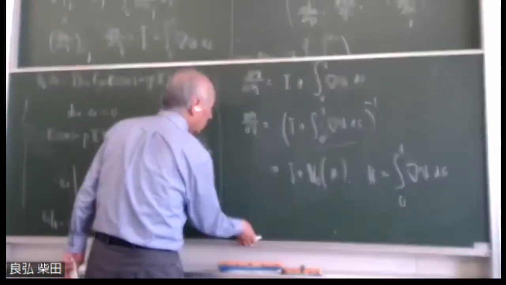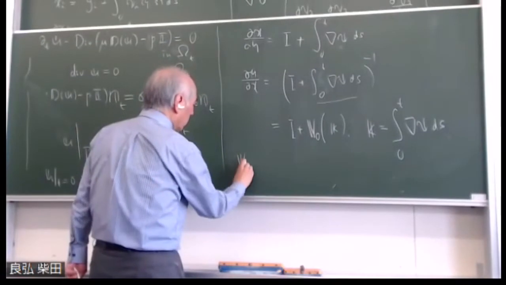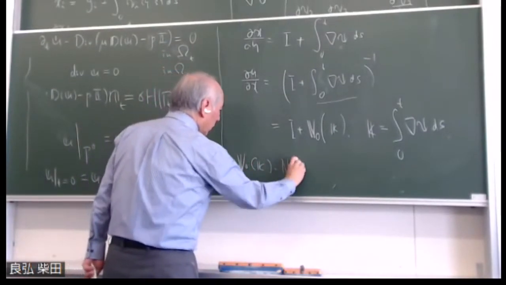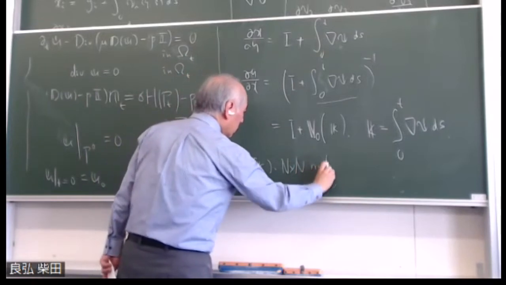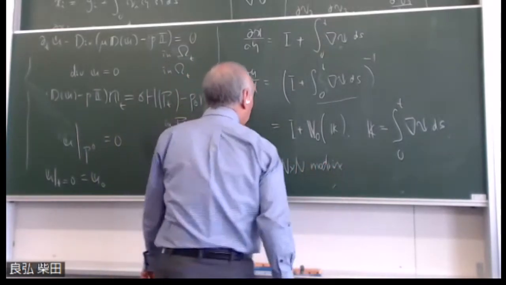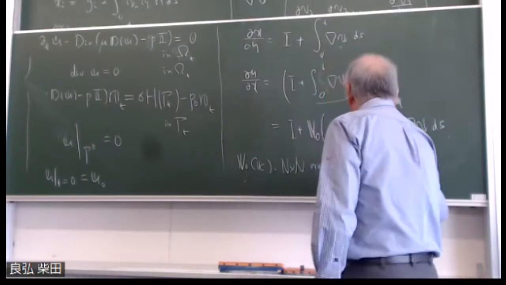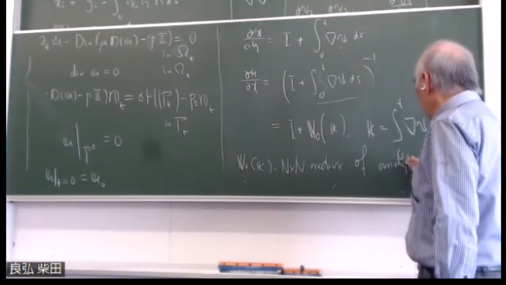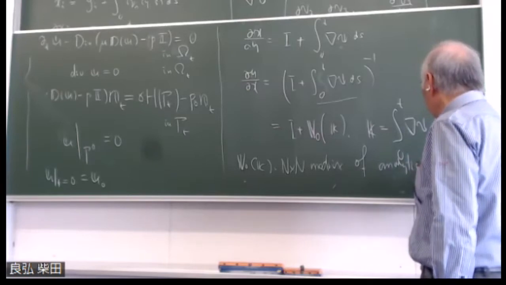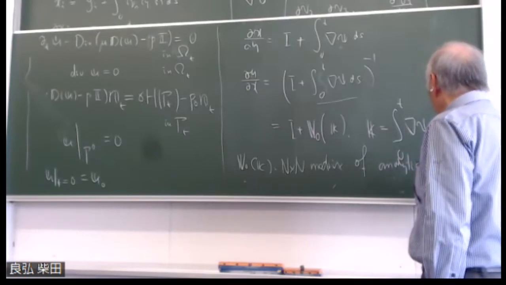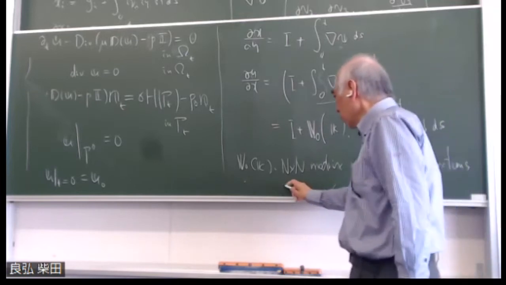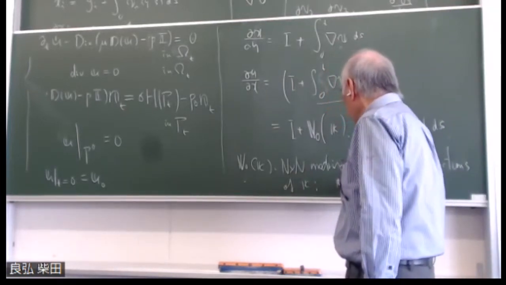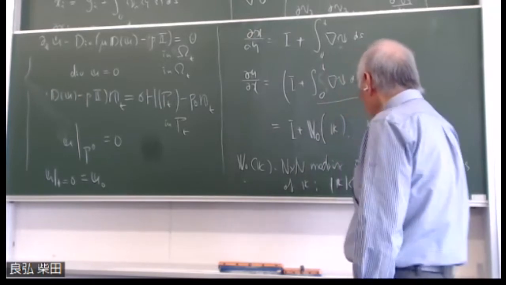And then B0(K) is a matrix of some analytic functions. And K is less than delta.